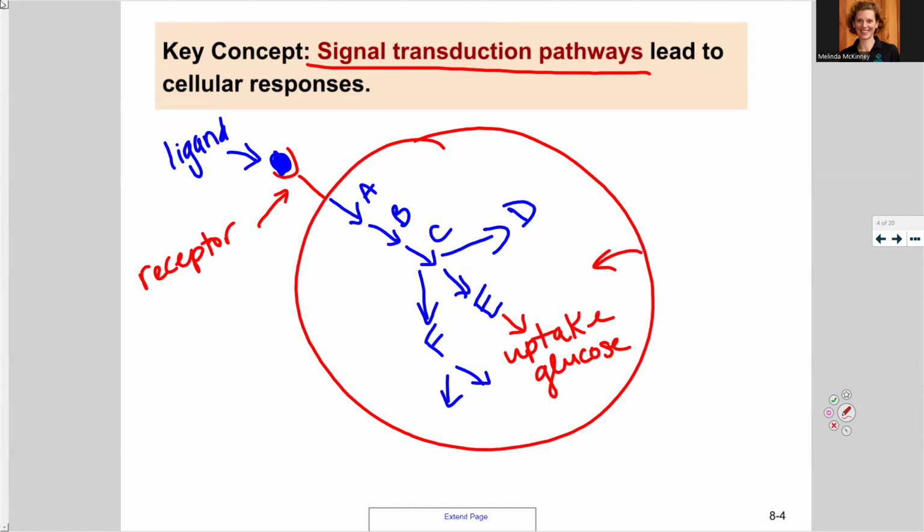It may also activate another response if you're starting to get a lot of glucose from the blood. It may activate the synthesis of a complex carbohydrate like glycogen, so it's going to start storing that glucose. So there could be multiple responses to a single type of signaling molecule. That's it for this video.